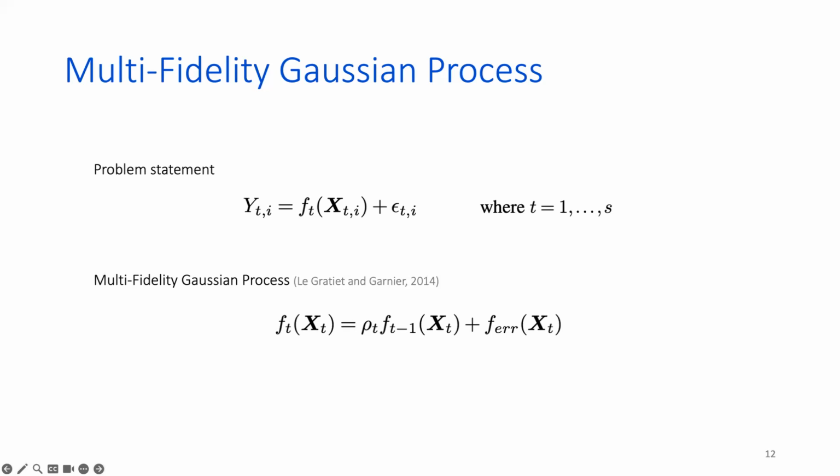So this equation can be solved analytically and jointly optimized. Finally, rho_t represents the scaling factor, a scalar value. This recursive form of Gaussian processes was first presented by Le Gratiet and Garnier in 2014, and I have a reference for the paper at the end.